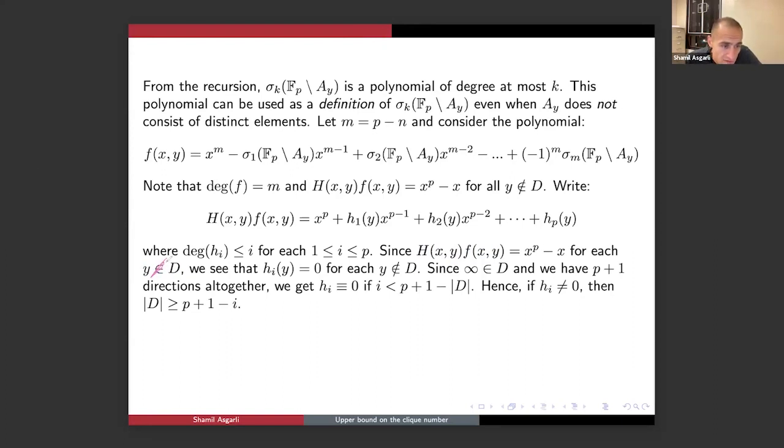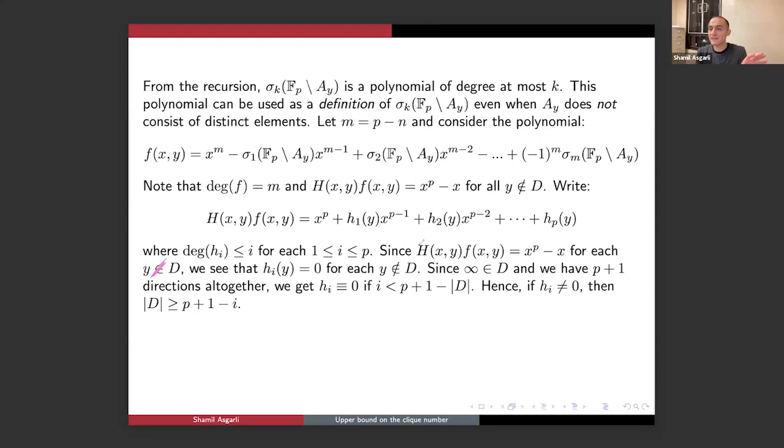That is not in D. Then we see that h_y is 0 for each y not in D. So let's think about what I'm saying here. We took the product of capital H with little f. We got this polynomial.